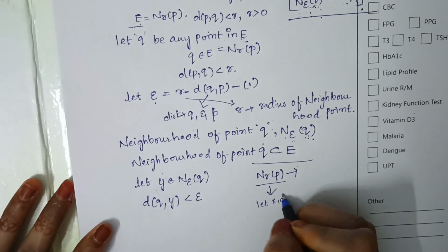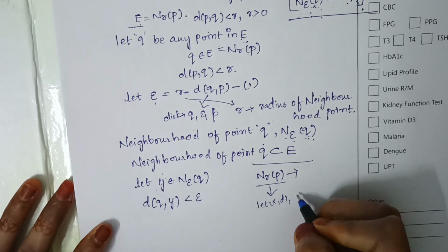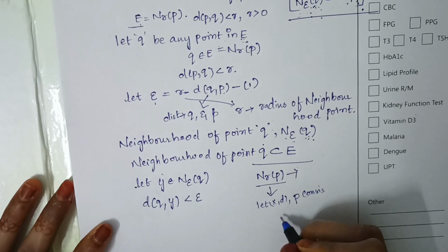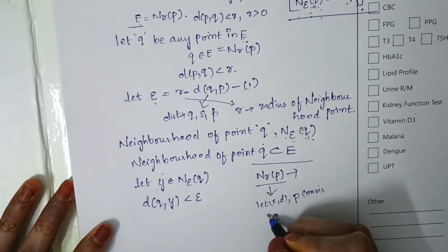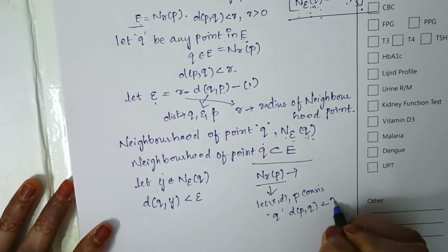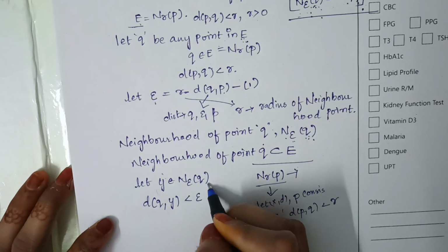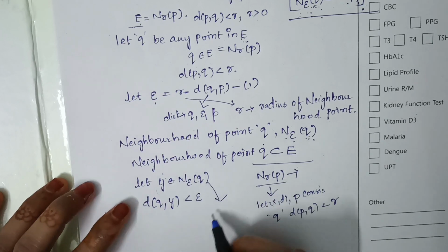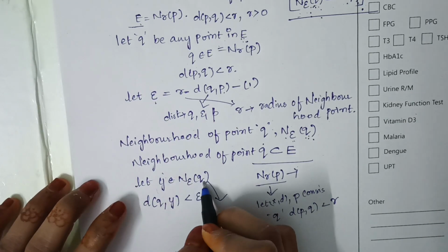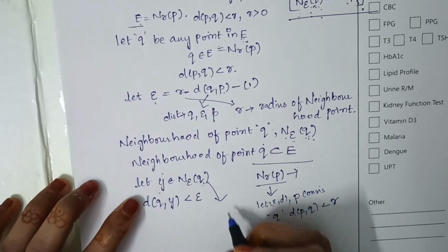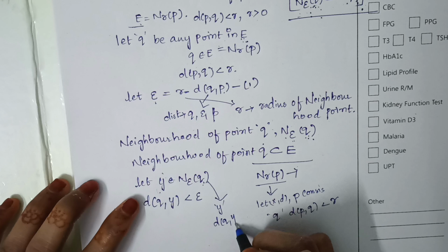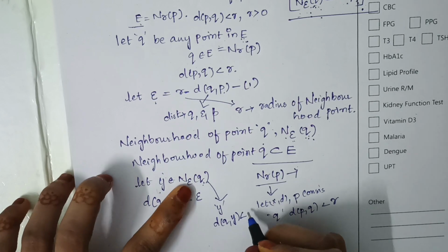Let X comma d be a metric space, and the neighborhood of point P consists of the set of points Q such that the distance between P comma Q is less than r. Here, N epsilon of Q means, let X comma d be a metric space, and the neighborhood of Q consists of points y such that the distance between Q comma y is less than epsilon.